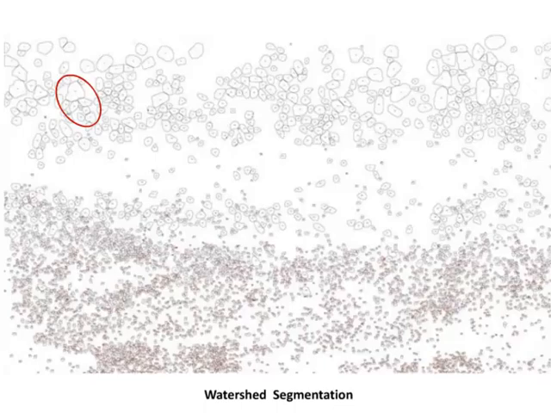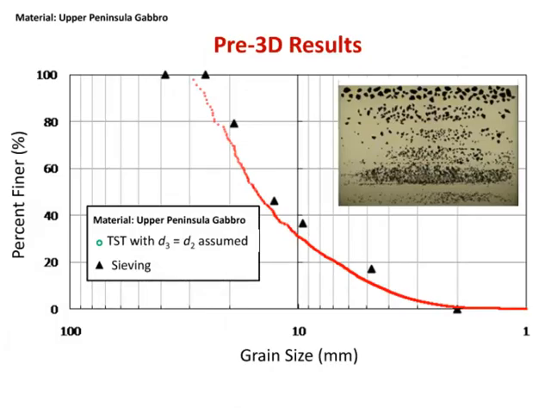And if you take a look at that cluster of particles in the upper left where they're all touching each other, surrounded by that red ellipse, keep your eyes focused on it as I click to the next slide, and you see that this process of watershed segmentation identifies every single particle individually. And since it does that, we can determine the size of each particle and its dimensions. And from that, we can generate a particle size distribution curve, shown by the red dots here.